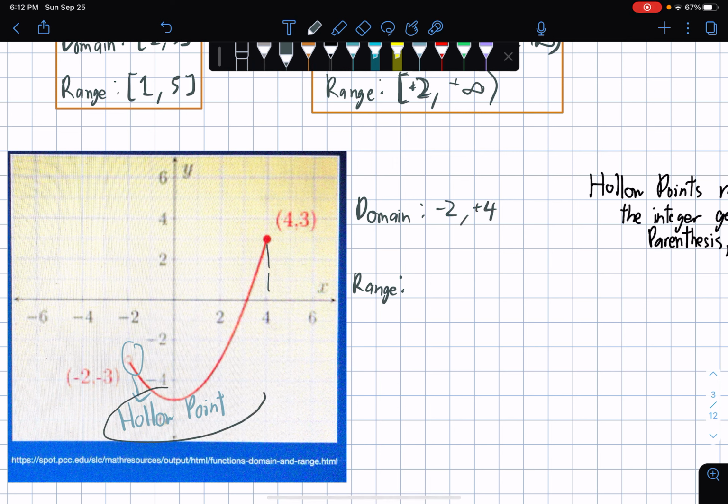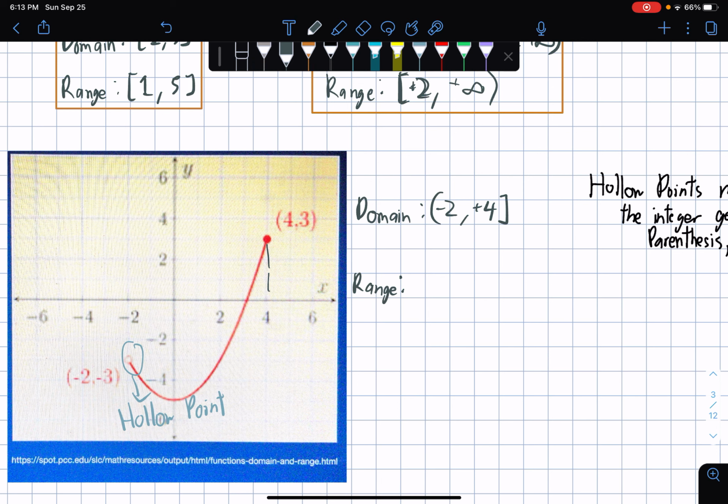Because negative 2 is situated as a hollow point, we put parentheses. That's an exception for integers. Integers are allowed to be encased with the parentheses in the event that they are labeled as part of a hollow point. Right, so positive 4, still a bracket, since it's not a hollow point.